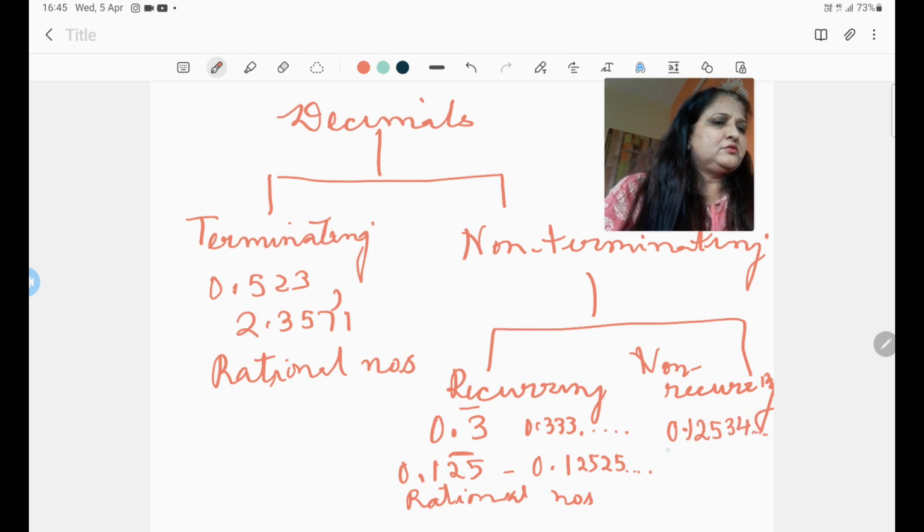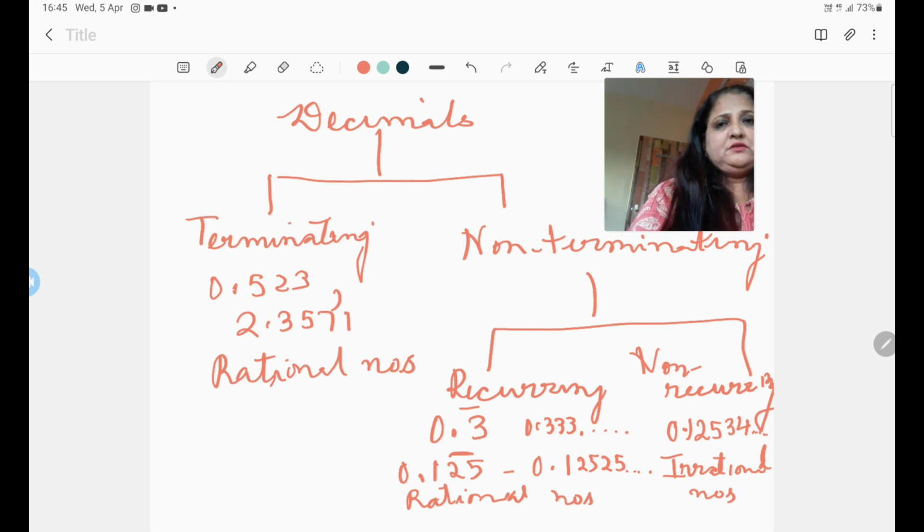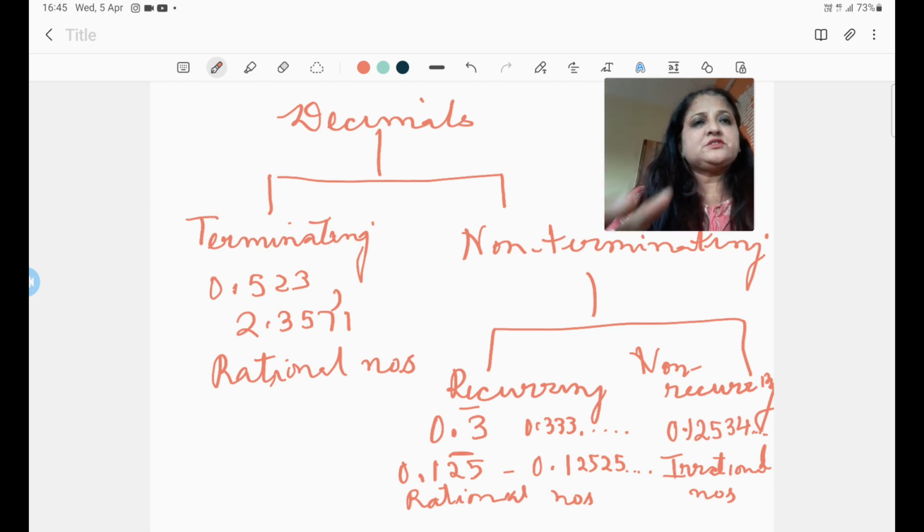It keeps going on and on, but it does not repeat. Such numbers are irrational numbers. So by looking at the decimal expansion of a number, you can make out whether the number is rational or irrational. I hope this concept is clear to you all.